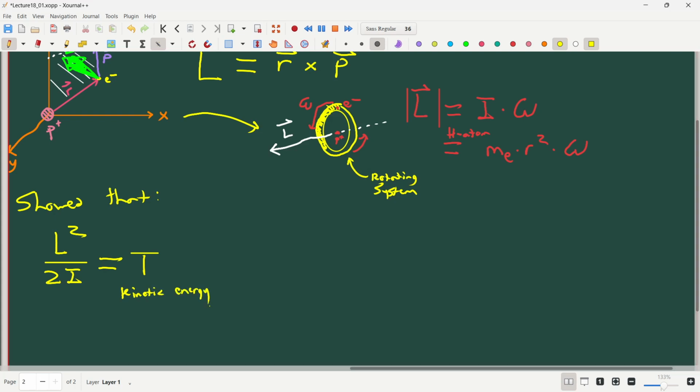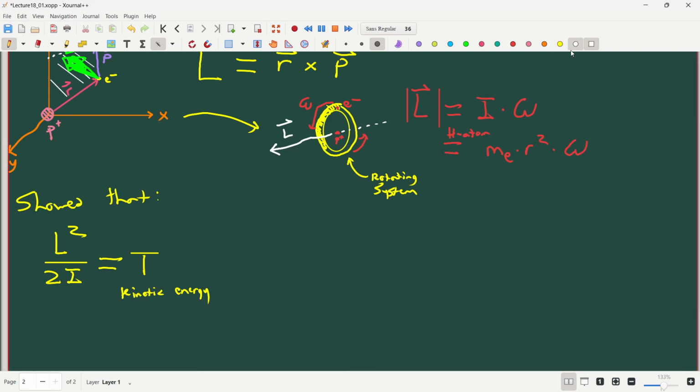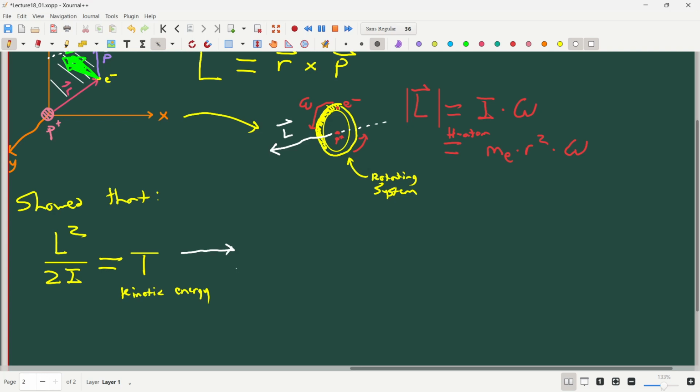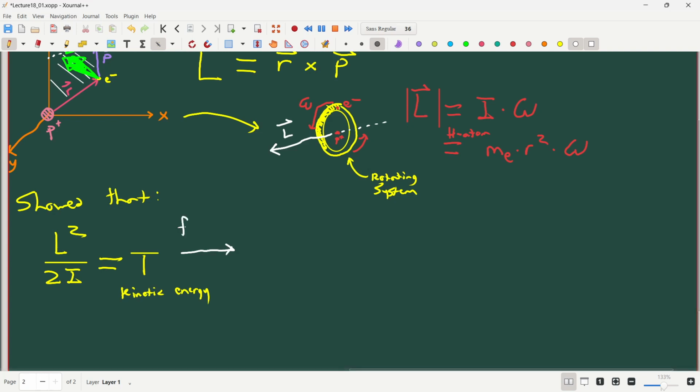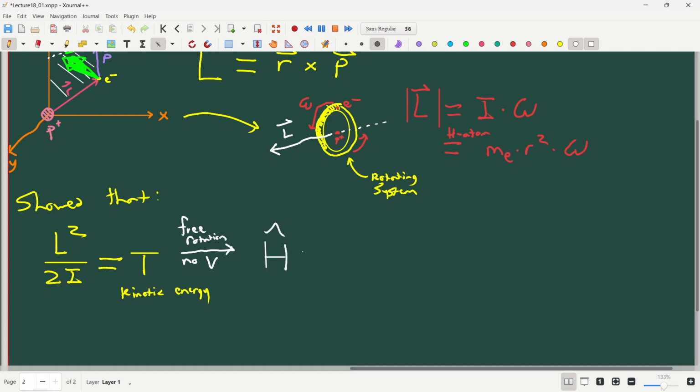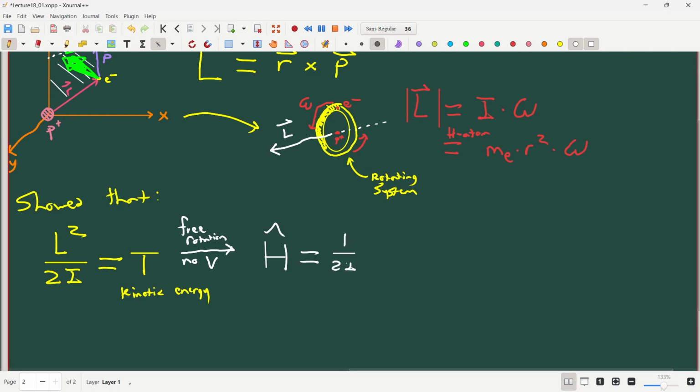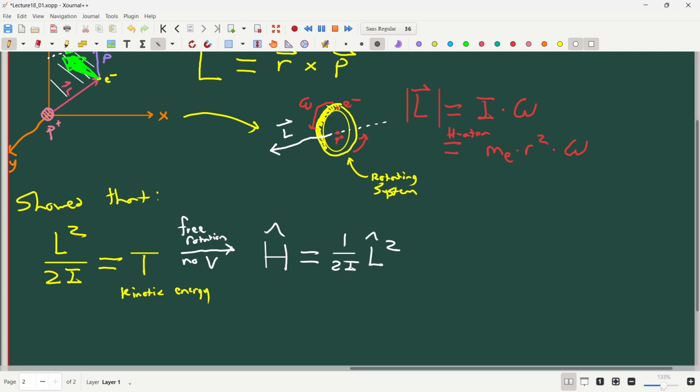So that means that if we're allowing the electron to rotate freely, with no potential energy, then the Hamiltonian of this system is 1 over 2I times the angular momentum operator squared.